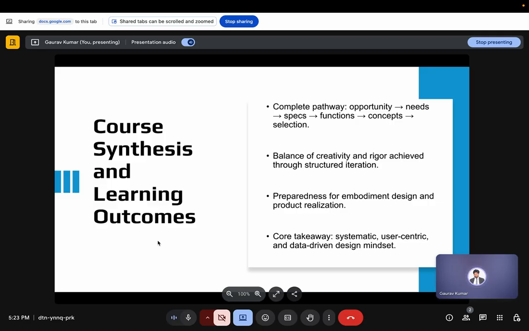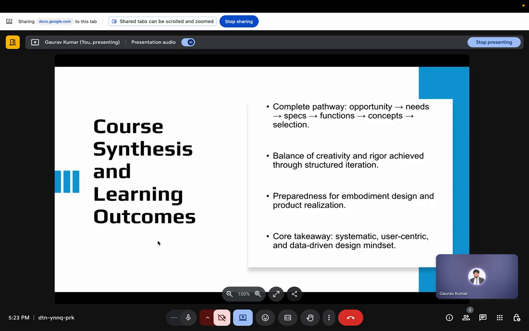Students now understand that creativity without discipline leads to chaos, while discipline without creativity leads to stagnation. The balance achieved through structured iteration allows innovation to be both original and reliable.